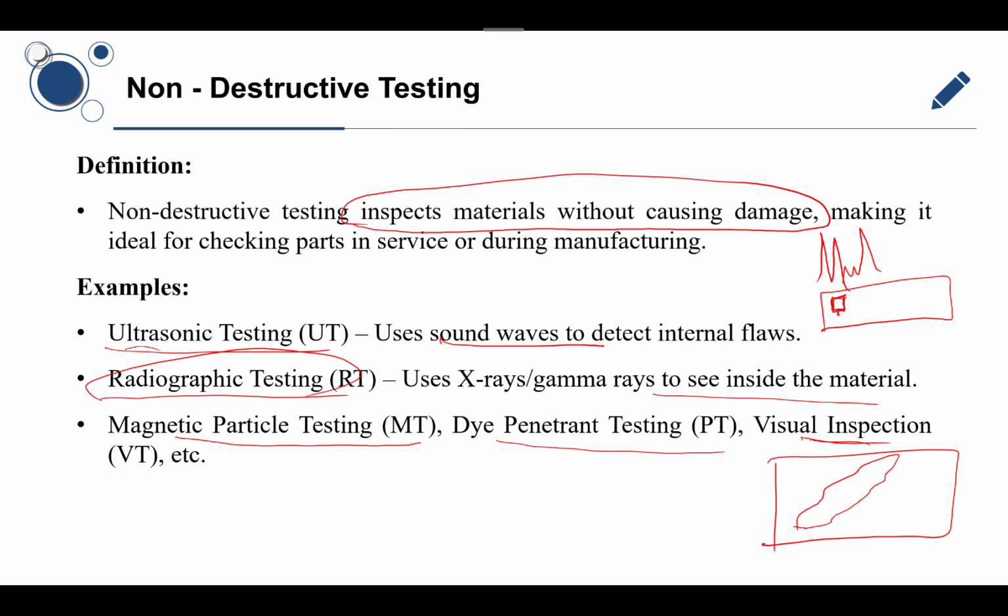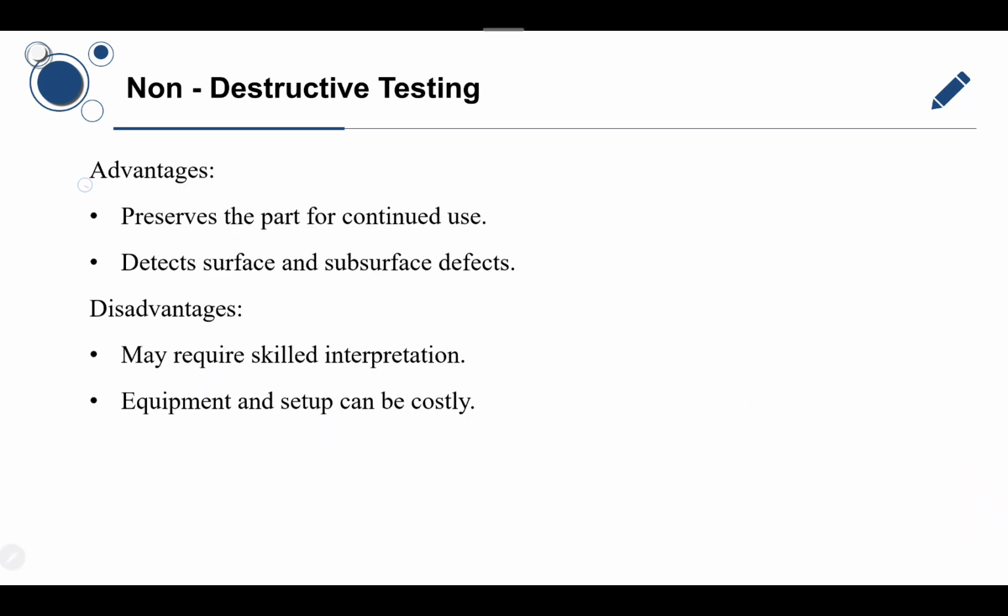Next, we discuss the advantages and disadvantages of non-destructive testing. First, the advantages. The main advantage is that the part can be reused for continued use, because it isn't damaged.